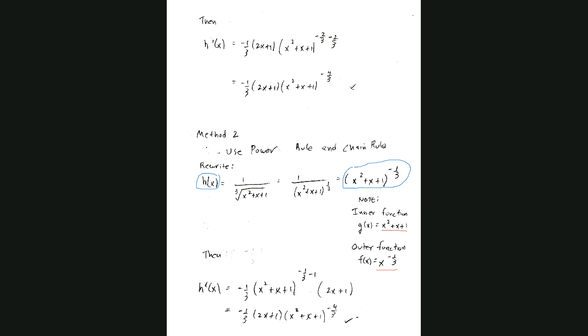So then h prime of x would be, so what you have here is f of g of x. h of x is equal to f of g of x, where f of x is x to the negative 1/3, and g of x is x squared plus x plus 1. So now we apply the chain rule.